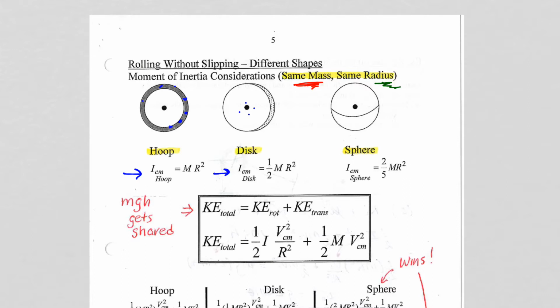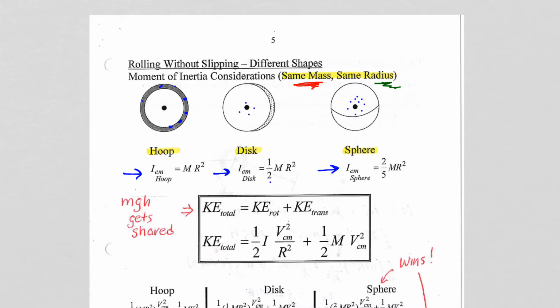And here, the sphere has the smallest rotational inertia, 2/5 or 0.4 mr squared, and the mass is distributed three-dimensionally around the center of mass point, so more of the mass is now permitted to be closer to the center.